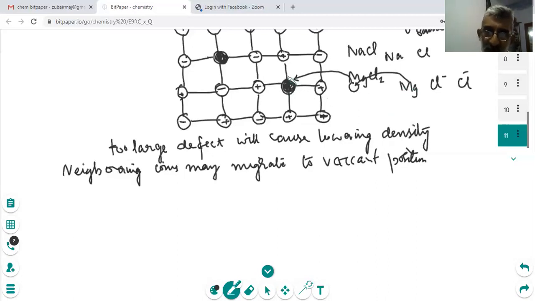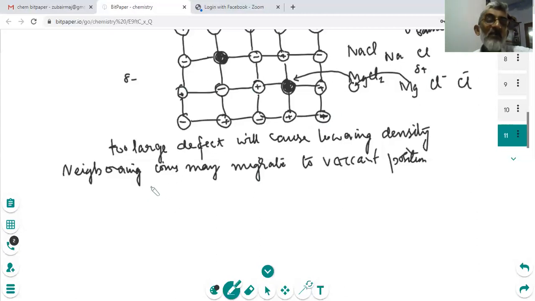Say this is the anion, so the vacancy arises on this side with a lack of negative charge. So there is a small increase in positive on this side and negative on this side. This will cause a little bit of migration of electricity.